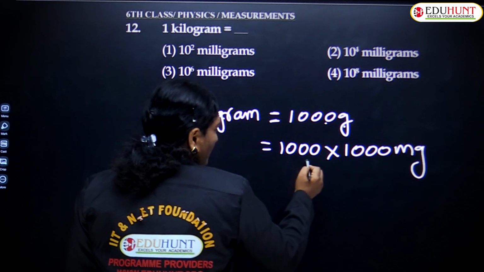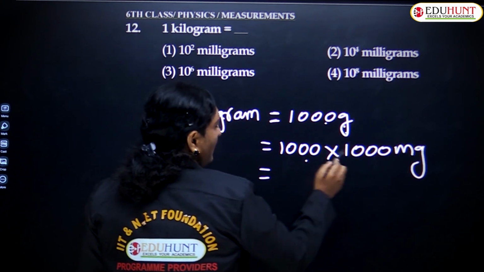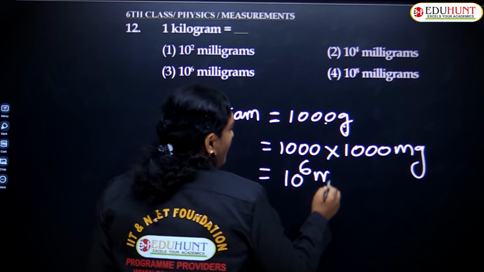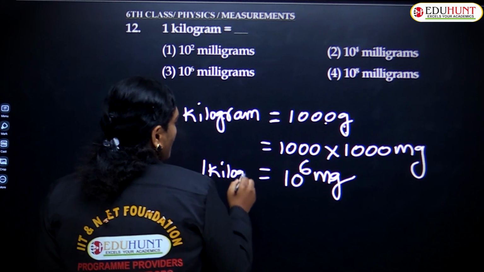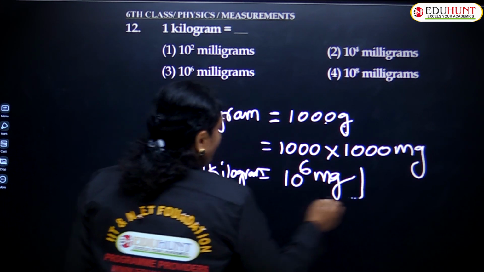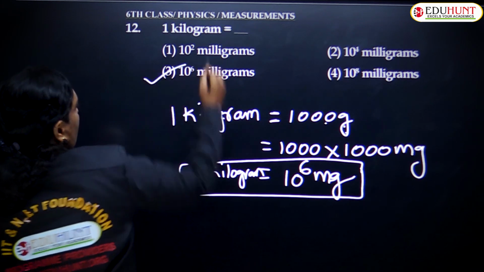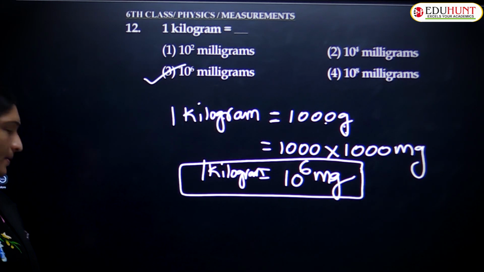This 1000 I wrote it here. Instead of gram, I wrote again 1000 milligram. 3 and 3. Totally how many zeros? 6 zeros. So 10 power 6 milligram. So 1 kilogram is equals to 10 power 6 milligram. Here goes your answer. Hope you understand.